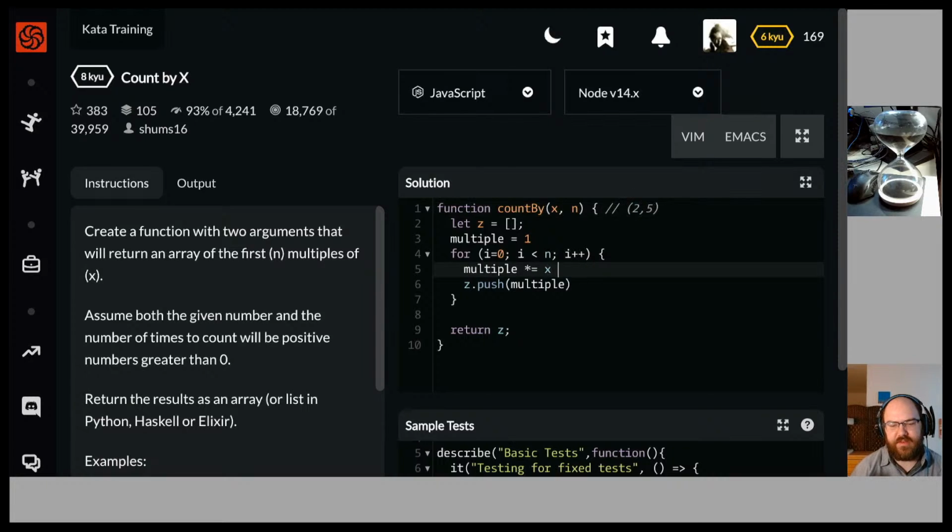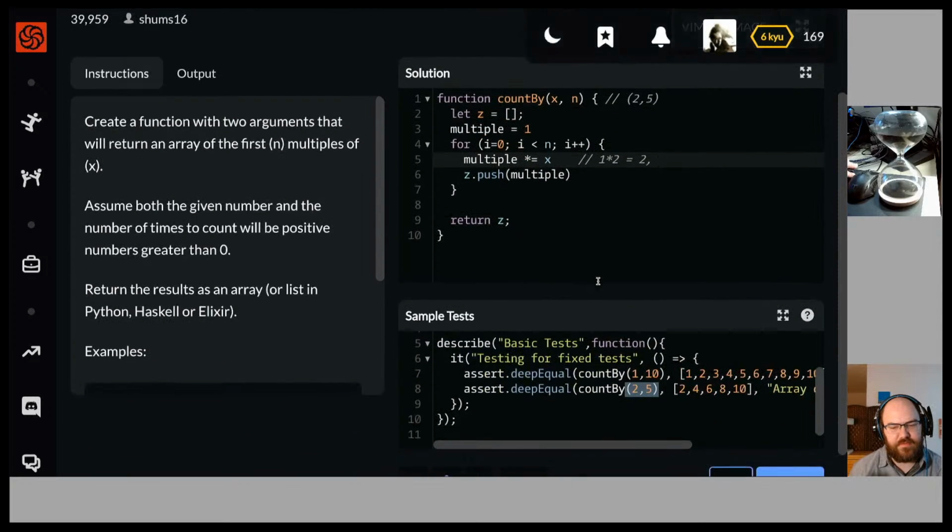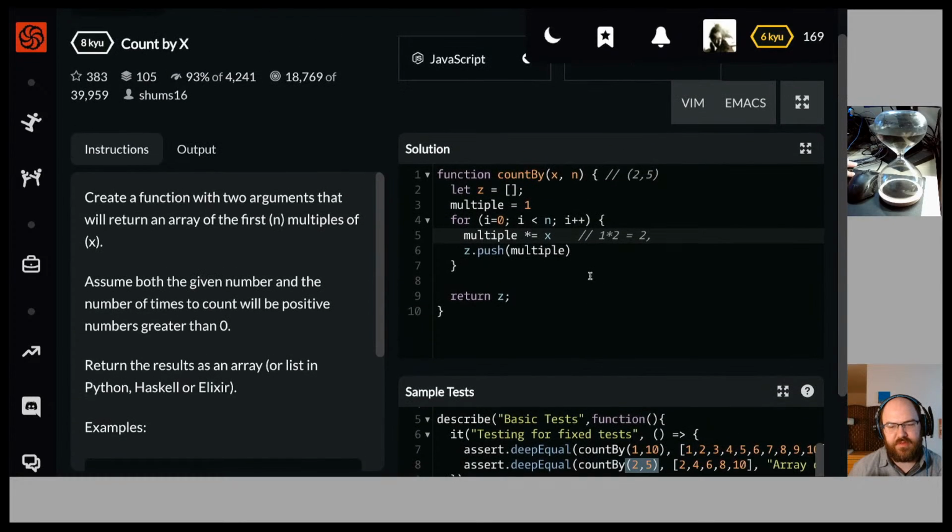On the first iteration, we'll have 1 times 2 equals 2. And on the second iteration, we'll have, oh, nope. We need to do addition here. I was trying to be too clever.